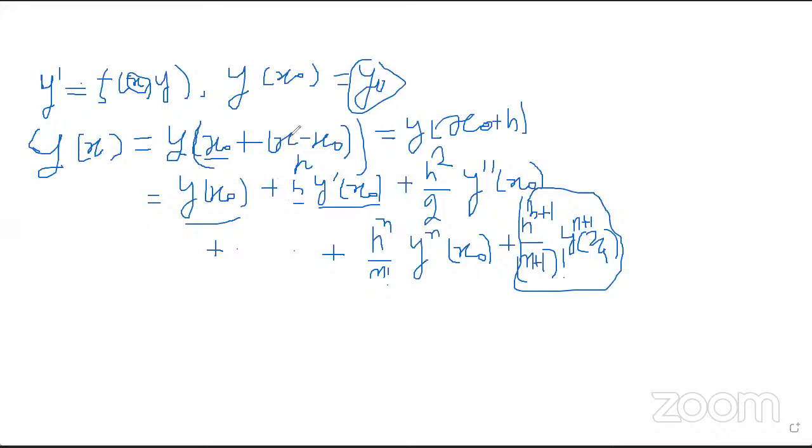So x is also independent. So where we are looking for the value of unknown parameter, that is given to us. So x is known, x naught is known, because these are the independent variables. So h is known. Now we are coming to y prime at x naught. So y prime at x naught is given.